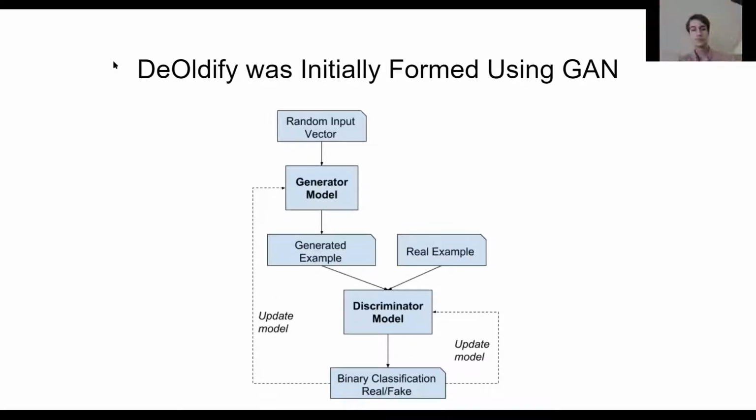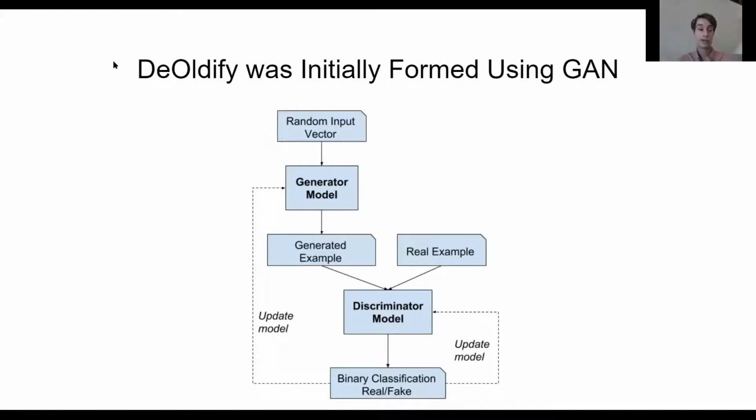So GAN stands for Generative Adversarial Network. It's composed of two different models, the generator model and the discriminator model. The generator model is what actually creates the color photos from the black and white images. The discriminator model uses labeled training data, that's the supervised learning part of the algorithm, and it also takes in the colored images produced from the generator model, and it determines whether or not the image it receives is fake or real.